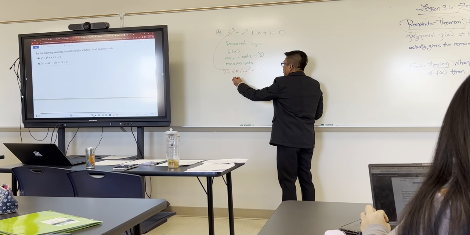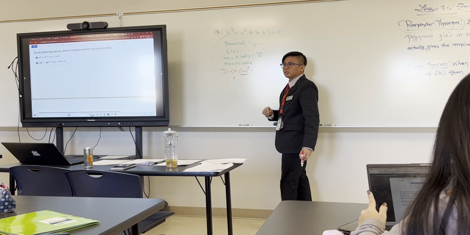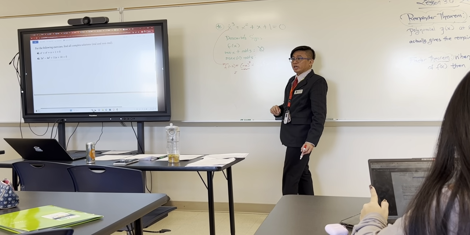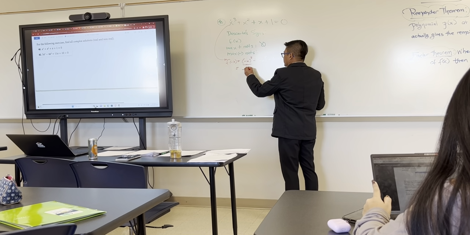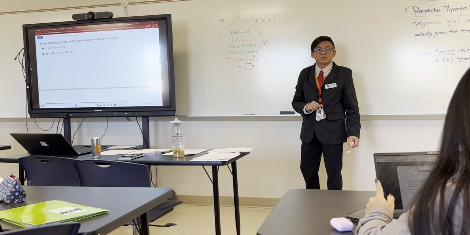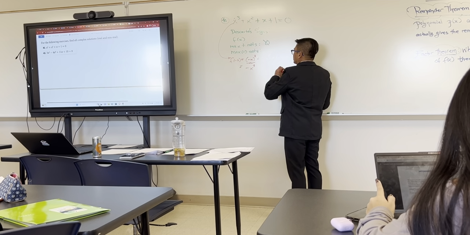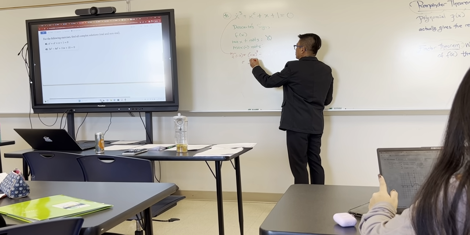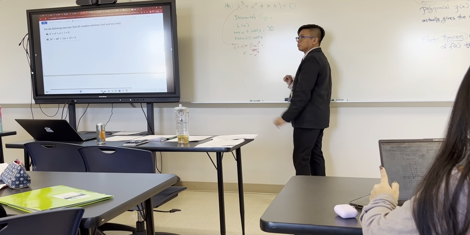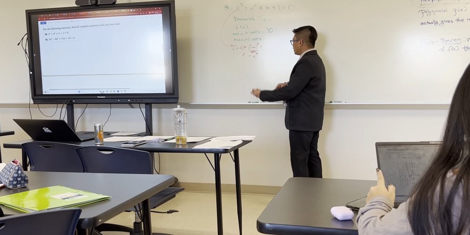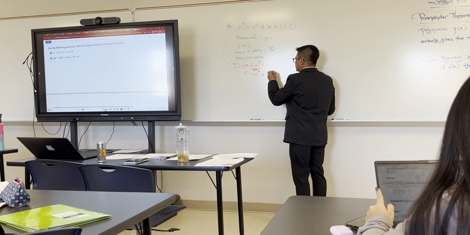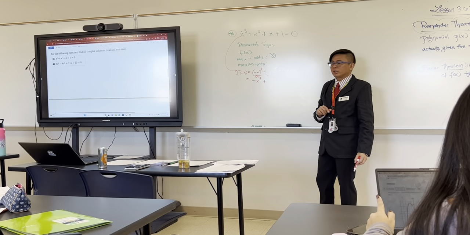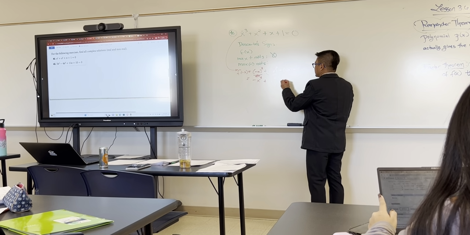Now, if the power is odd, there's a sign change, so we get the negative. If it's even, disregard the negative, so it's still positive. In here, this is negative x plus 1.